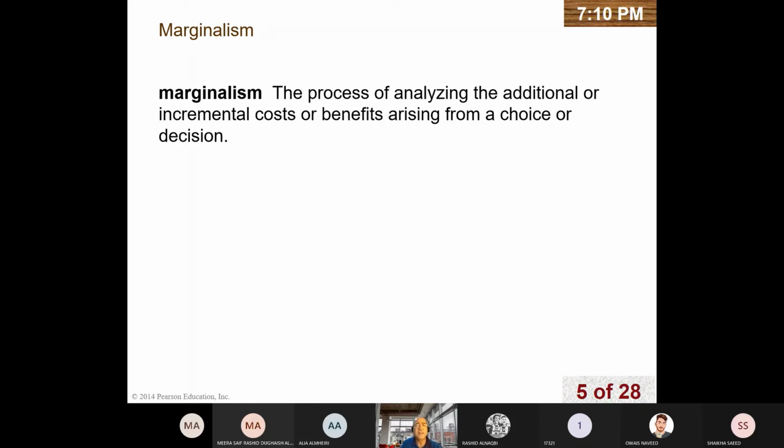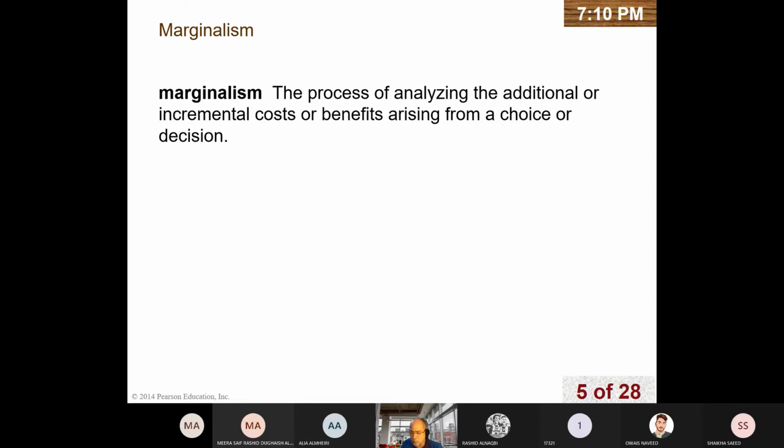So 400 divided by 100 equals 4 dirhams. What's the meaning of 4? That 4 dirhams is the cost of the last kilo.